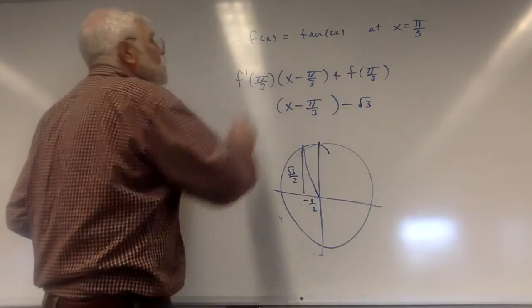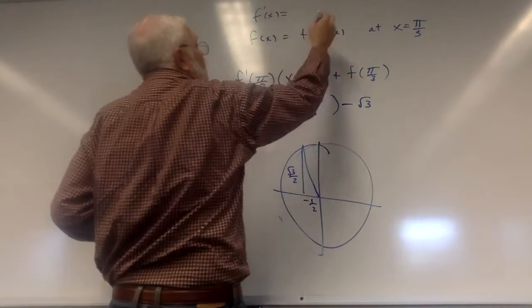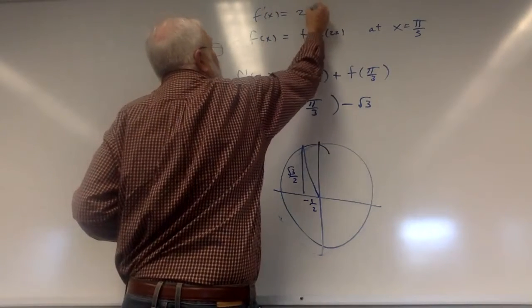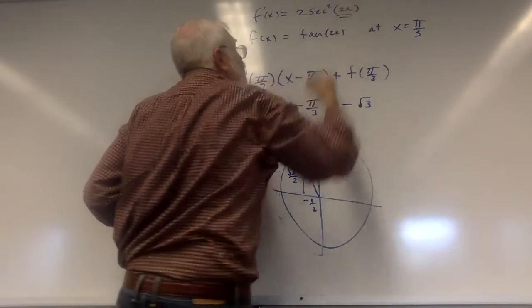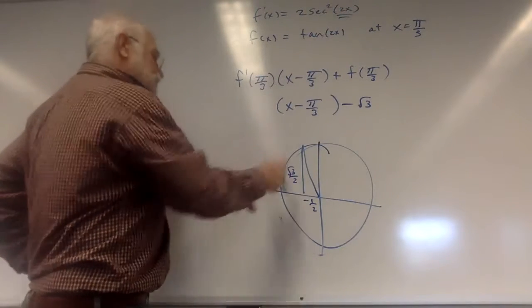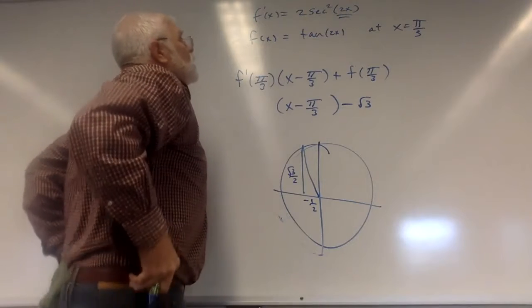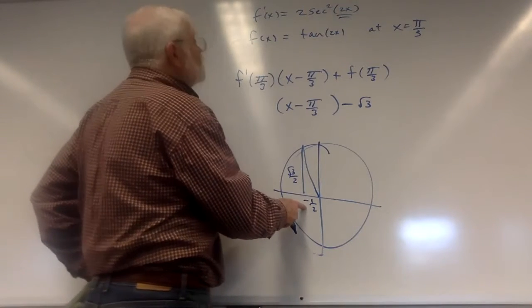And now we got to take the derivative, f prime of x, derivative of tan is secant squared times 2. So 2 secant squared 2x. Don't forget to write 2x. Don't just say x. That'll be a mistake. All right, so that brings us to this triangle. And secant is the reciprocal of cosine.